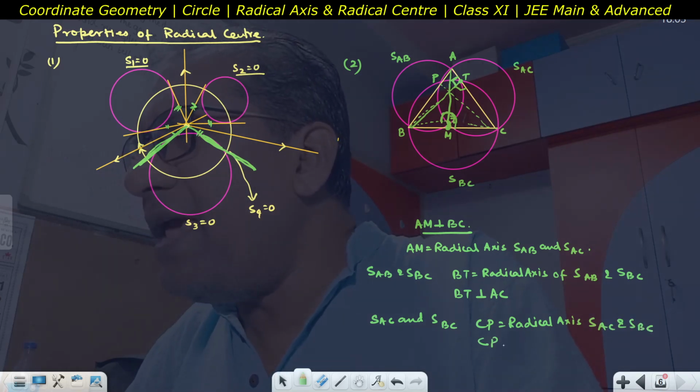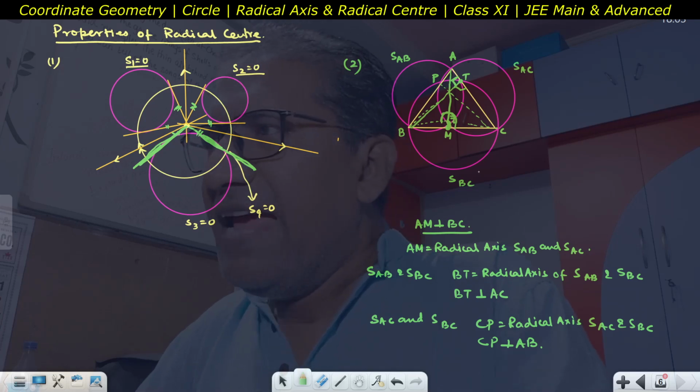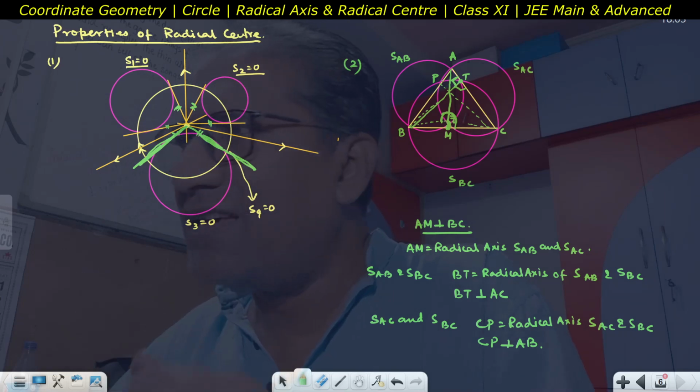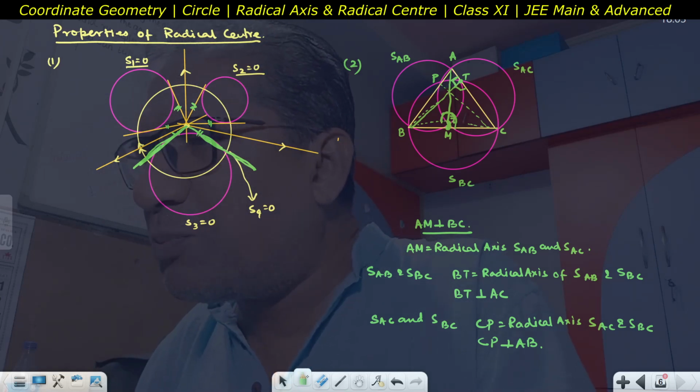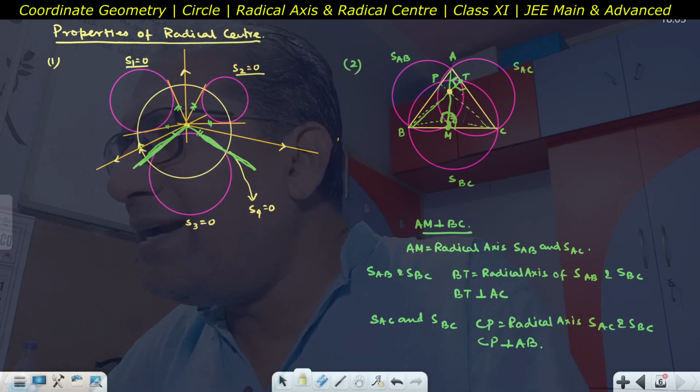Your CP is again perpendicular to AB. Is it clear? Therefore, we can see that these three radical axes are meeting at this point. Yes or no? Let us just give this point a name, Q.